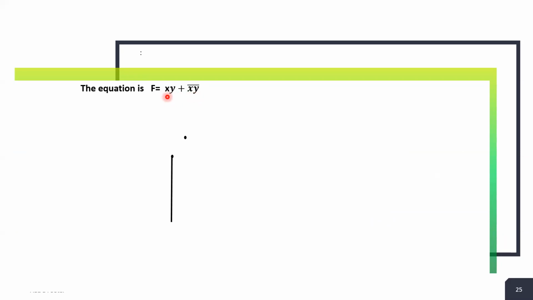This is a simple AND gate because it is the value of X and Y, but the second is the complement of X and Y. It means that when we take the second gate, we connect X and Y with NOT gates. And these two AND gates are connected with each other by using the OR gate due to the positive plus sign.